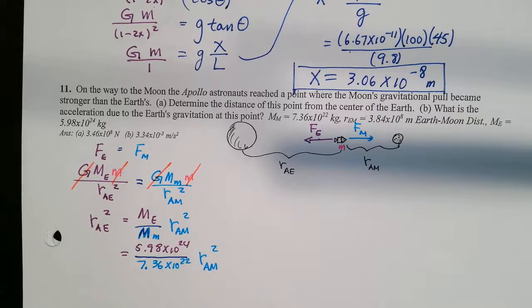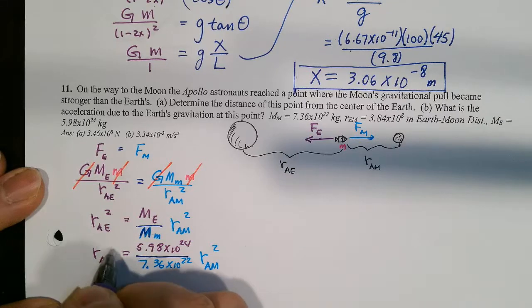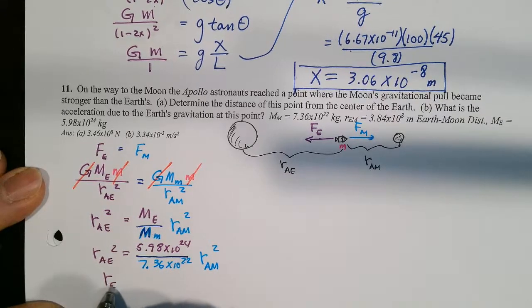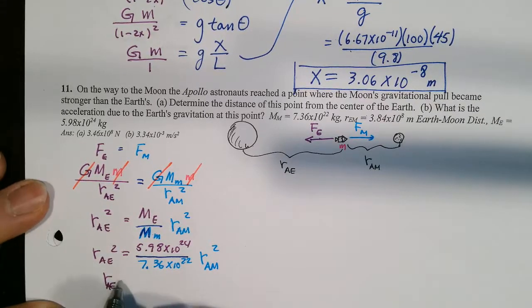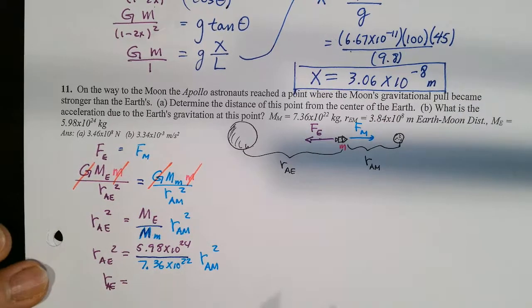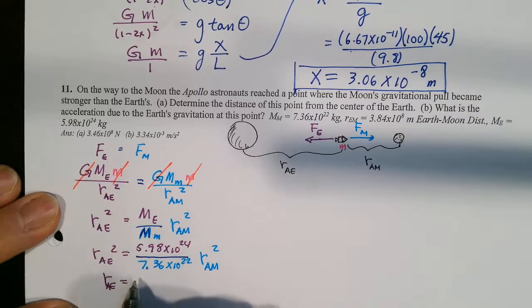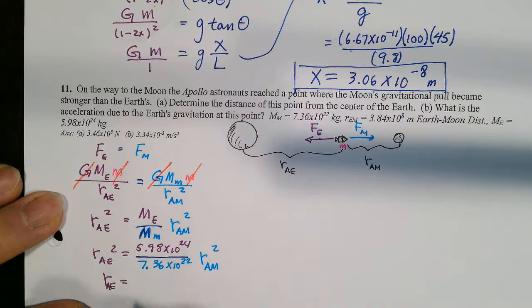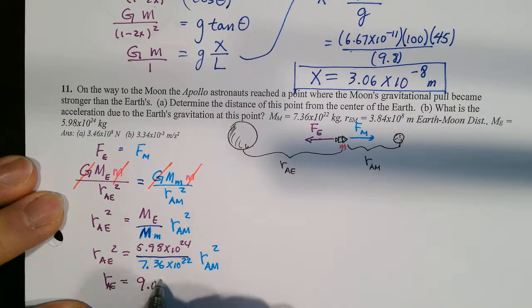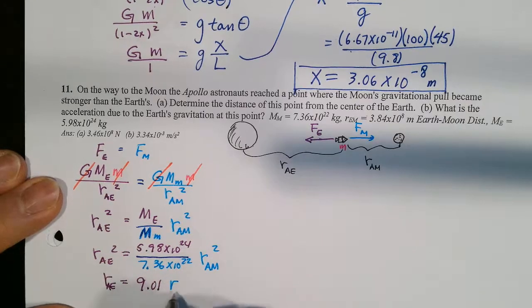If you work this out and square root both sides, you're going to get the radius of the Earth to Apollo equal to something like 9.01 radius of AM.